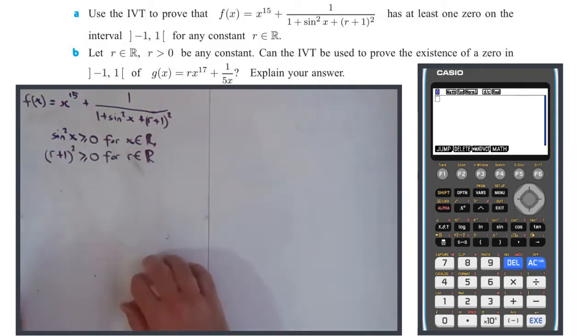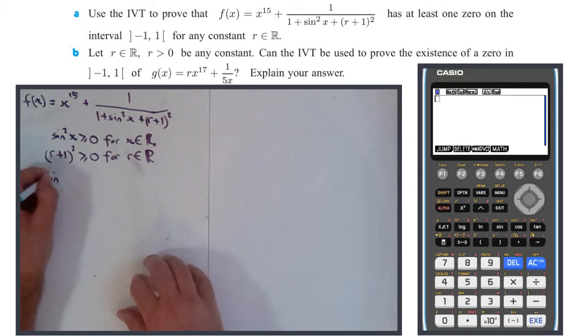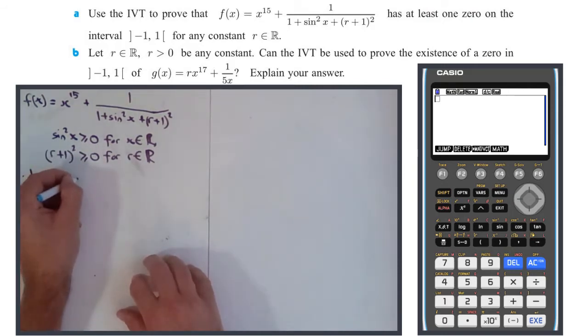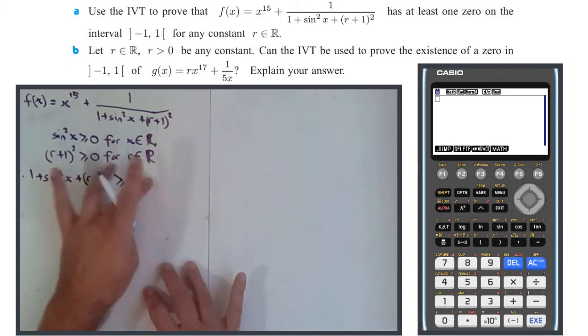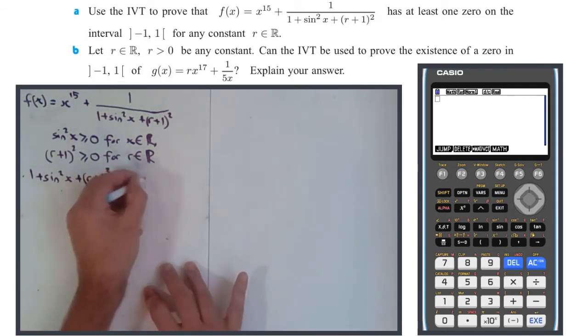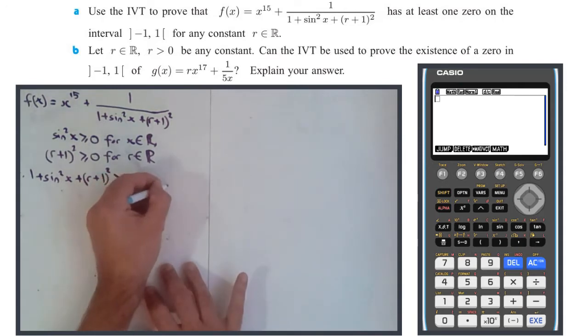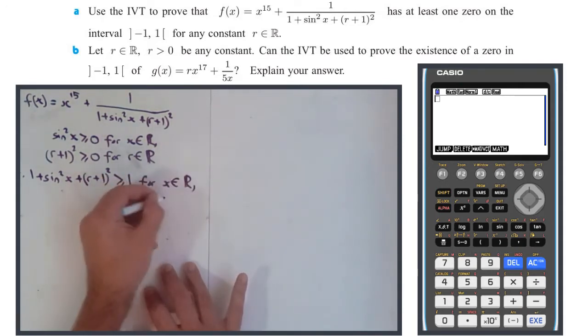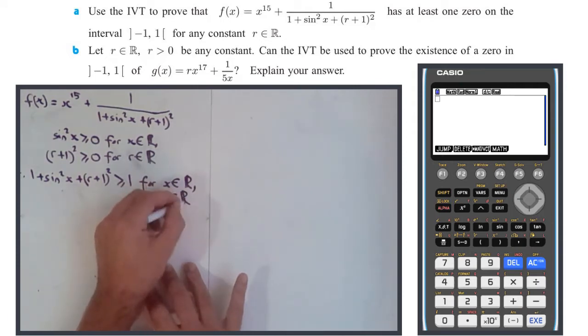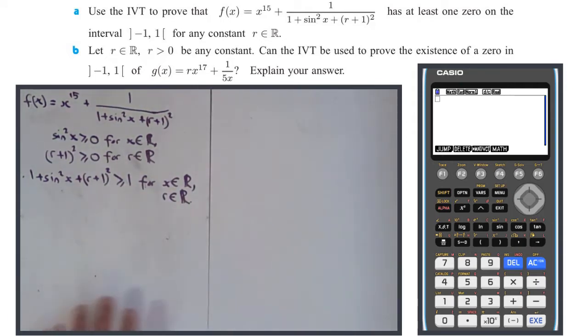So that means 1 plus sine squared x plus r plus 1 squared must be greater than or equal to 1 for all real x and all real r. So that means this function is continuous everywhere.